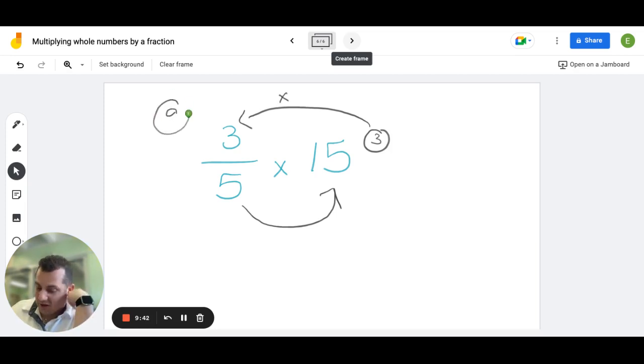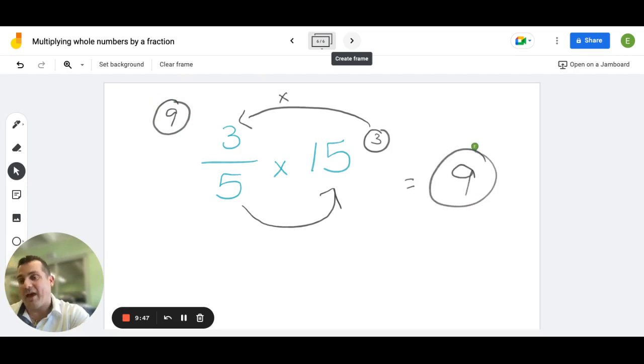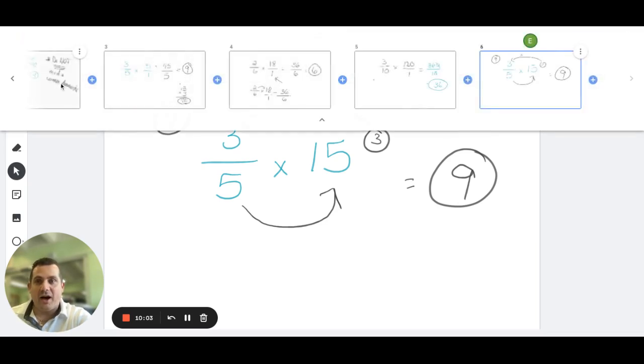That 3/5 times 15 equals 9. You can do it that way too. That's another shortcut if you see it. But that's if your denominator can go into the whole number evenly. It won't always happen that way. I don't want this video to go past 10 minutes. I will do another video on this.